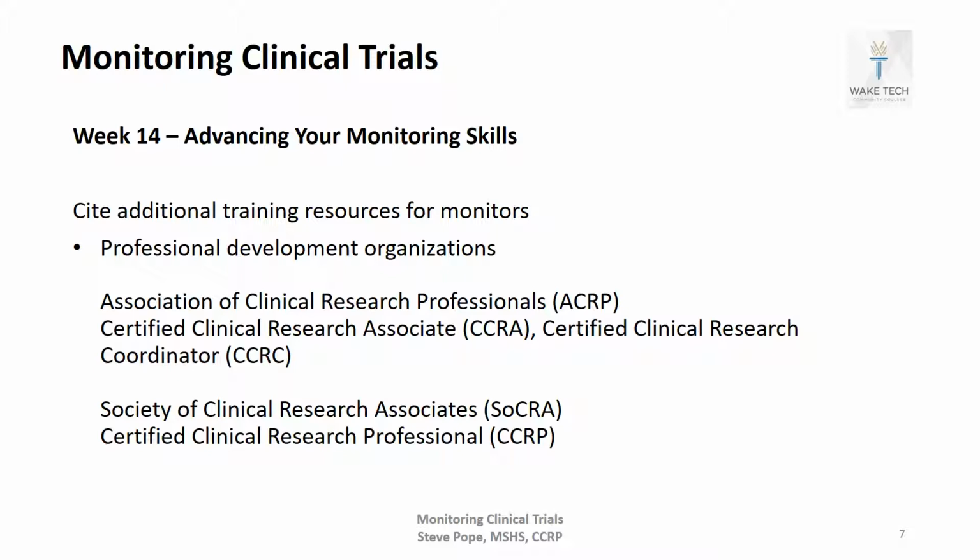The other organization is the Society of Clinical Research Associates, also known as SOCRA. They have a certification called the Certified Clinical Research Professional, or CCRP, which is similar to the CCRA and CCRC, a little more regulatory oriented. Once again, this organization has a local chapter here in the Raleigh area that holds monthly meetings. So look them up online, find out when the next meeting is, plan to attend and meet some of the folks there, and then determine if you want to join that organization.